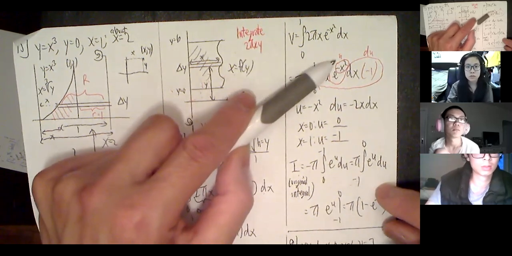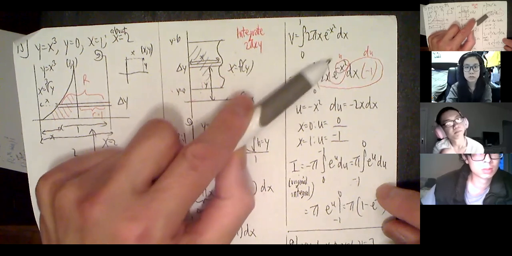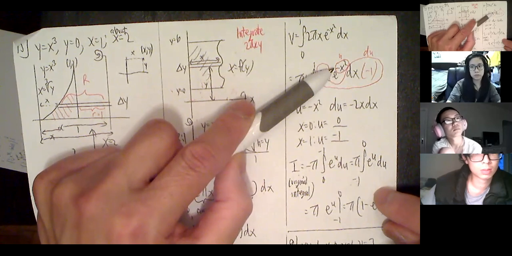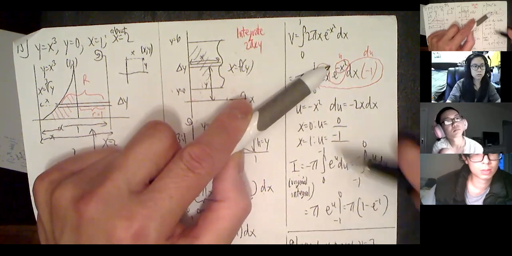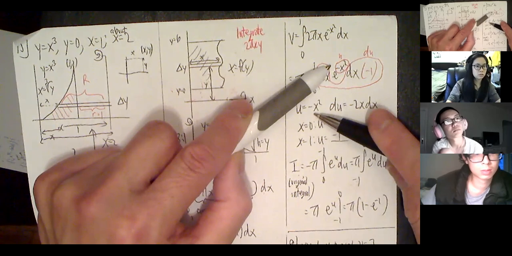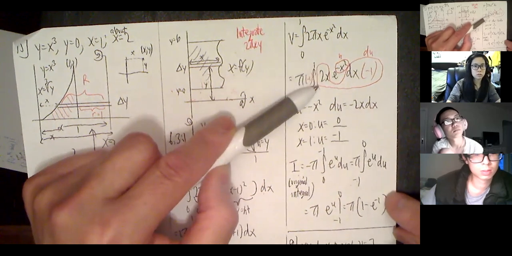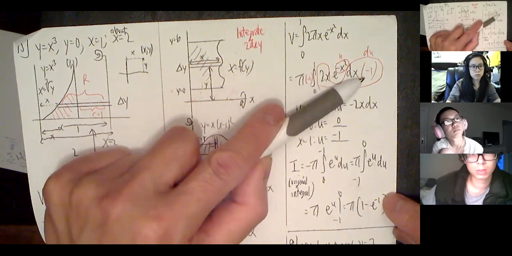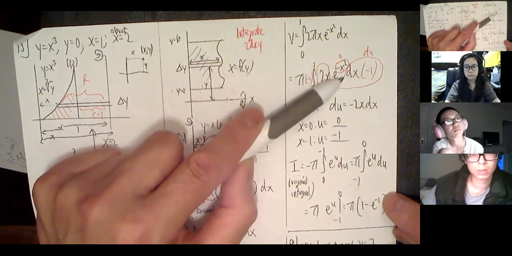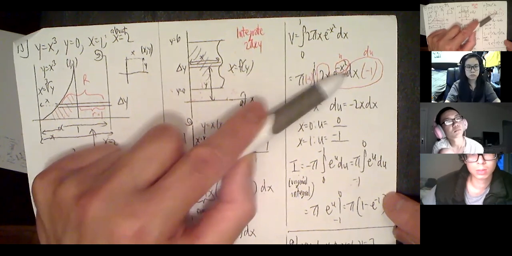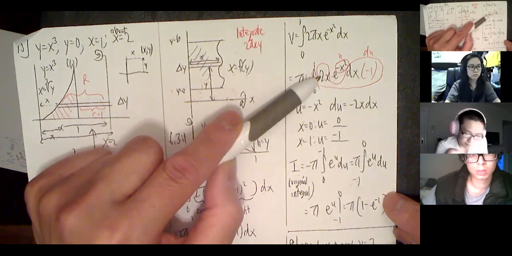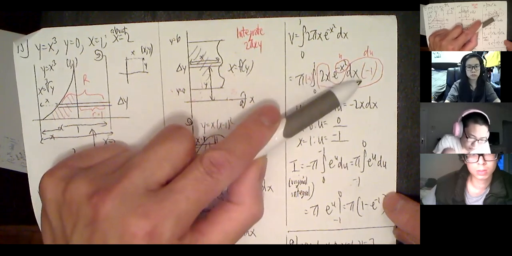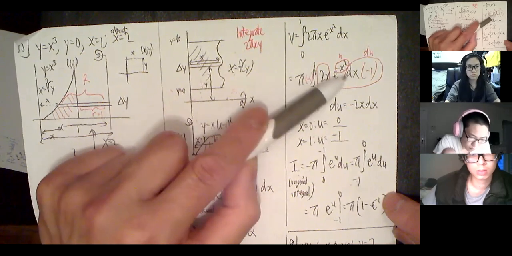But now, if you look at this circle right here, the next step, guess what I'm going to change negative x squared to? I'm going to change it to u, because u is equal to negative x squared. And then what's all of this weird stuff circled? It's negative 1 times 2x times dx. You might say they're not together. It doesn't matter if they're together. Multiplication is commutative. That means you can pick this up and move it there, right? So if I pick this up and move it here, I have negative 1 times 2x dx.